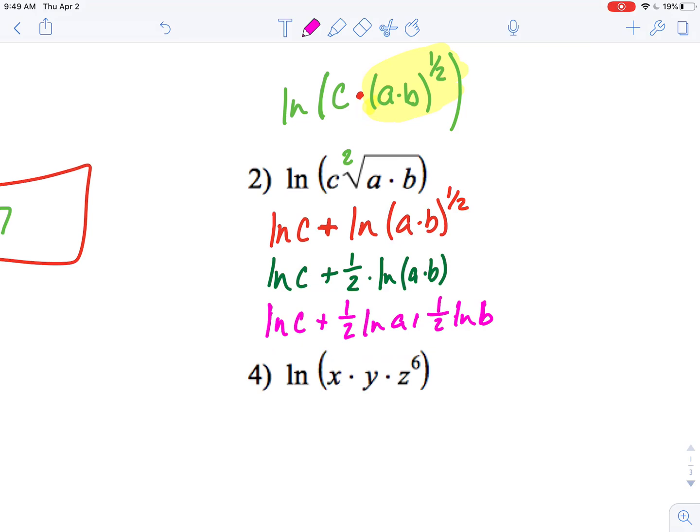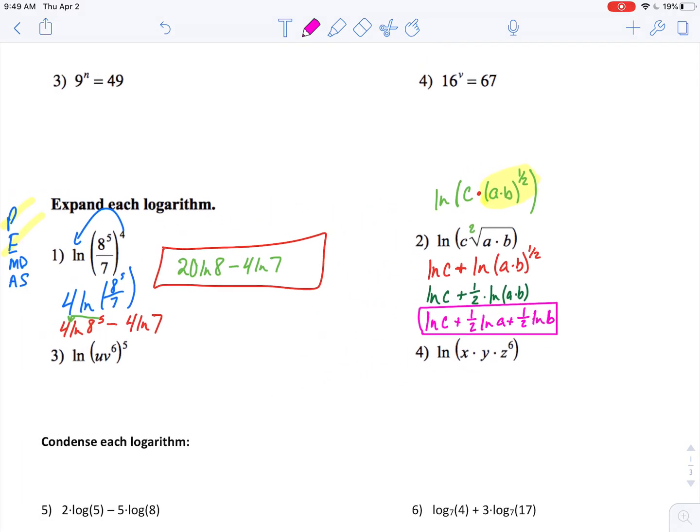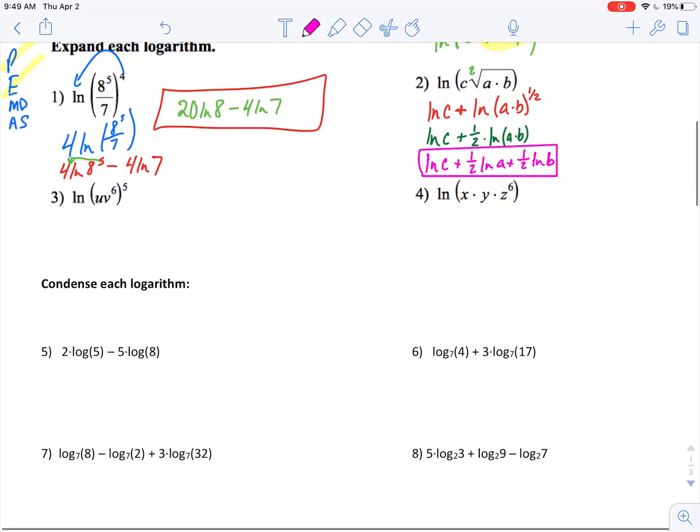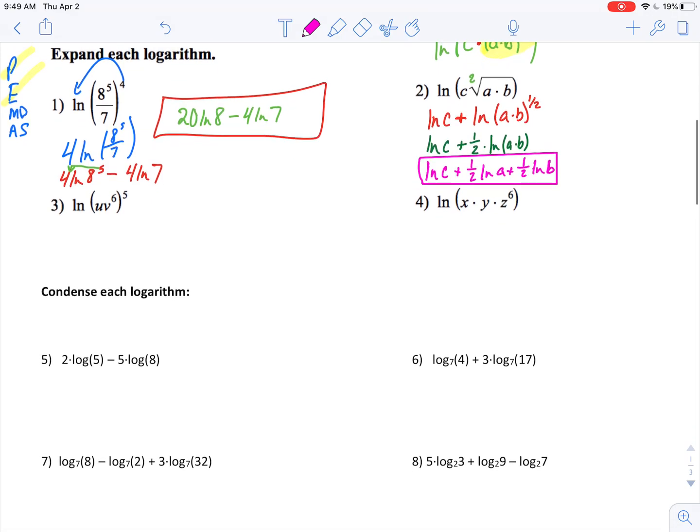And since I have multiplication in here, then just like we saw earlier, I'll add those 2 logs. So our final answer is the natural log of c plus 1/2 natural log a plus 1/2 natural log b.